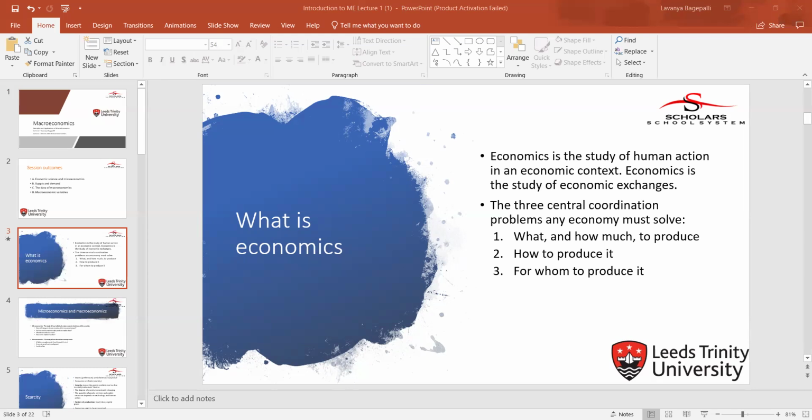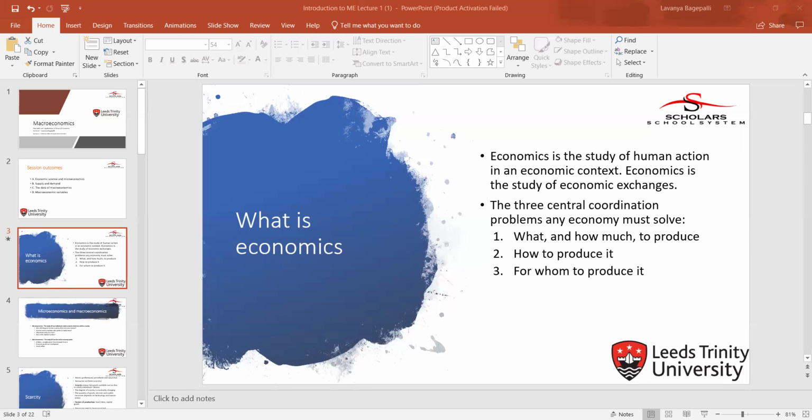When you're setting the price, you have to consider various factors, right? Economics helps you understand how businesses set prices based on factors like the cost of ingredients, the demand for coffee, and also what competitors are charging for the same cup of coffee. So this is all about economics.